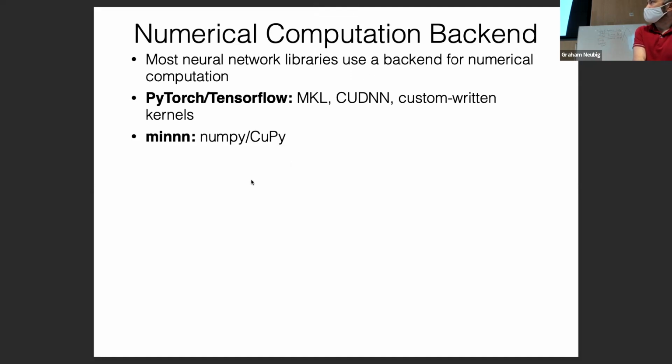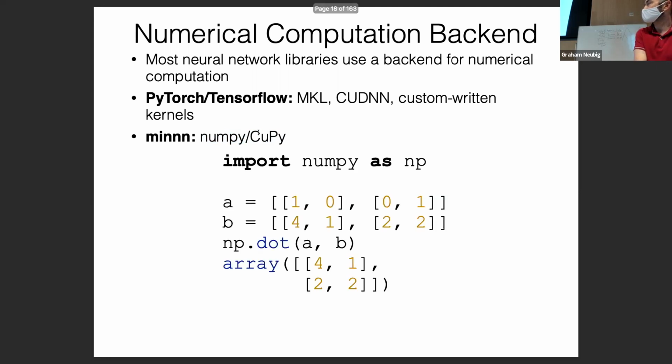For Min, we are going to use NumPy, which I think a lot of people are familiar with, or alternatively CuPy, which is a version of NumPy that runs on GPUs. This might be interesting for you if you do lots of things in NumPy and are tired of it taking a long time for really long computations. CuPy allows you to do things on GPU.